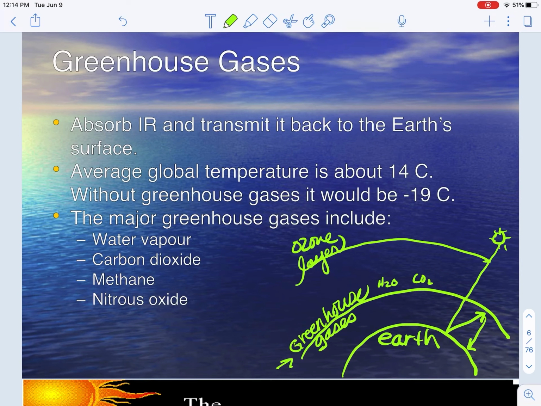They cause the sun energy to get trapped in that greenhouse gas layer and bounce back, and warm the earth, keeping that solar radiation in. If we didn't have that greenhouse gas layer, it would be much, much colder on Earth. The average temperature is 14, and it would be minus 19, so 35 degrees less on Earth. So we do need this greenhouse gas layer.